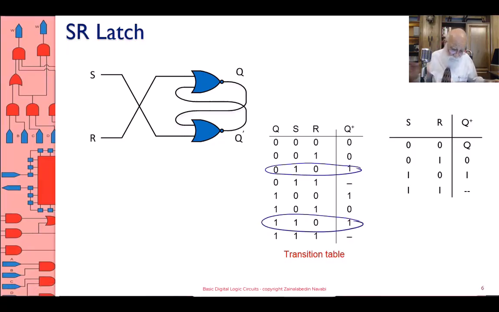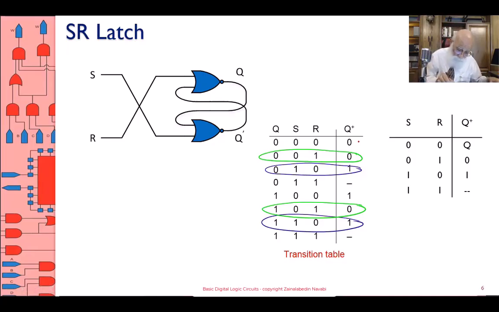You are resetting it to 0. But if you are not changing anything, that means your S and R are 0, 0. Q remains the same and remains 0.